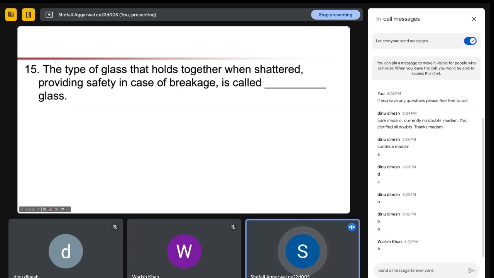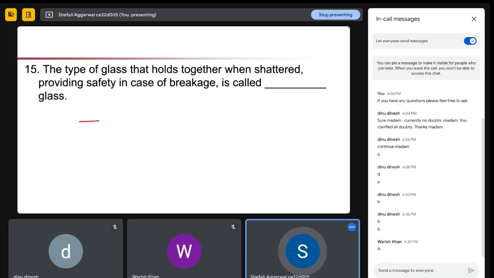Okay, so the next question: the type of glass that holds together when shattered, providing safety in case of breakage, is called which glass? It can be many options.